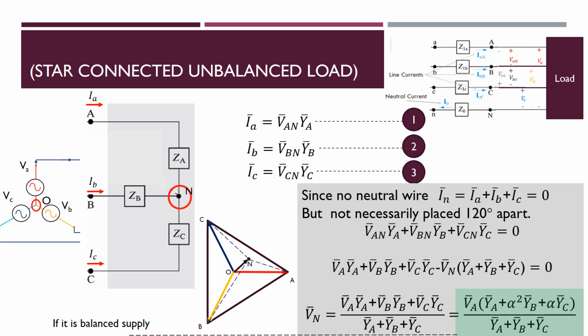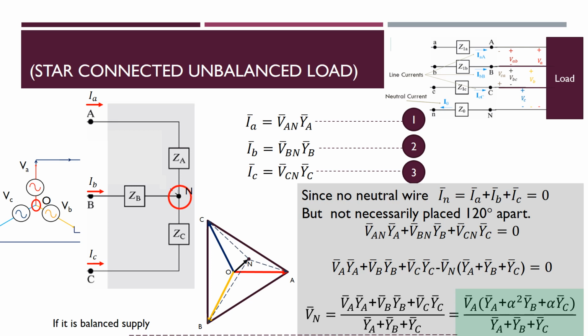VAN is the difference between VA and VN, VBN is the difference between VB and VN, and VCN is the voltage difference between VC and VN. So you can write this equation: VA into YA plus VB into YB plus VC into YC minus VN times (YA plus YB plus YC).